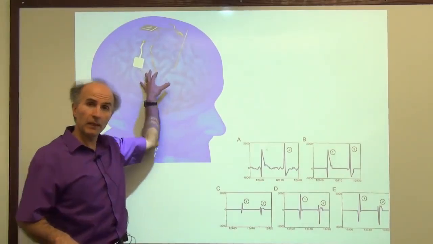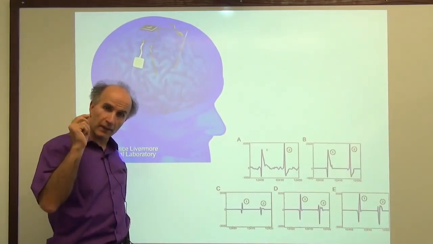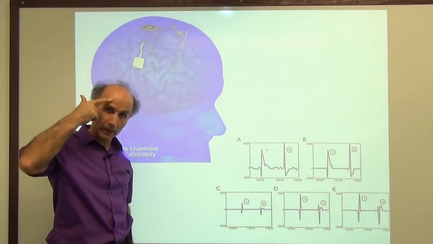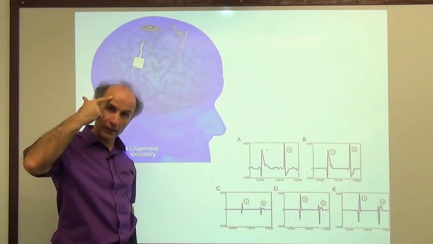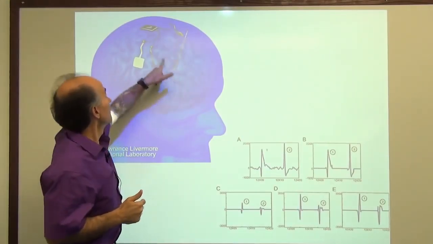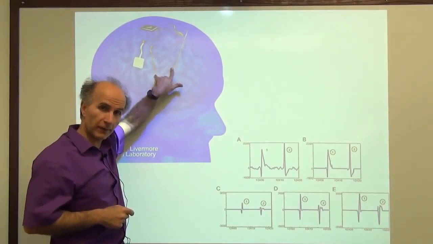So every time a neuron in our brain fires, it generates a small electrical pulse that we can actually measure by placing a probe or an electrode on the skull of the patient. So for example, you can see these are probes or electrodes that measure the potential difference here.